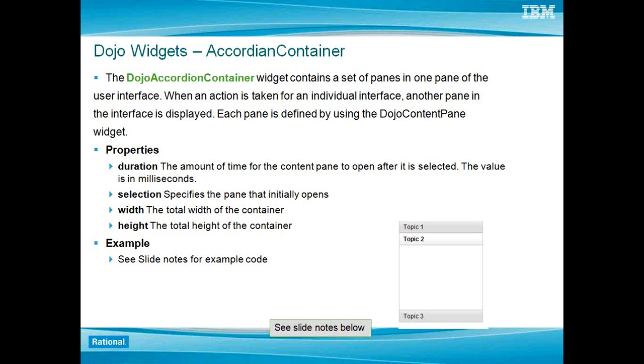If you are familiar with Microsoft Outlook, there is an accordion panel being used, and each accordion panel has different layout panels where we can place different widgets. So it represents a different section.